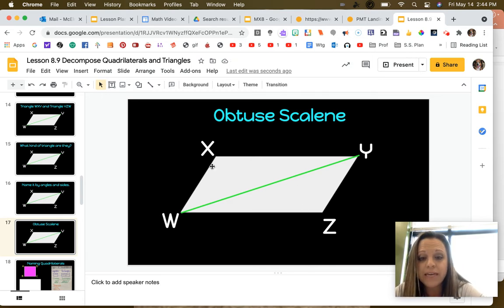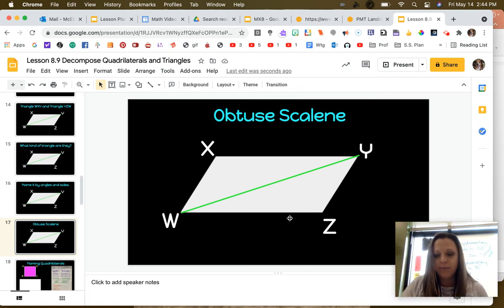Okay, both of these, if you look here, angle X, at this vertex right here, and at the Z vertex, those are both obtuse angles. They're bigger than 90 degrees. Can't see my arms, but I'm trying to show you. Okay. Scalene because all three sides are different lengths. I hope you guys remember that.